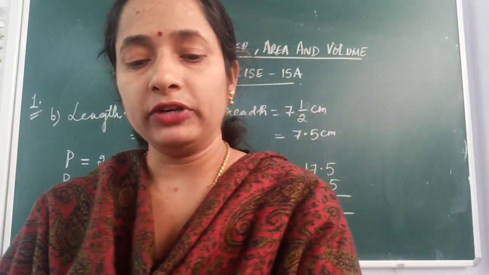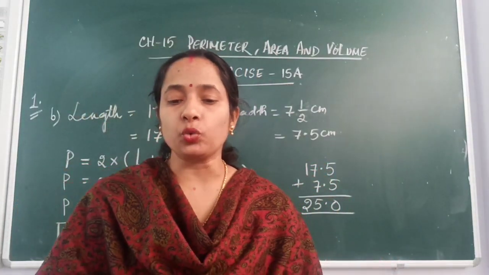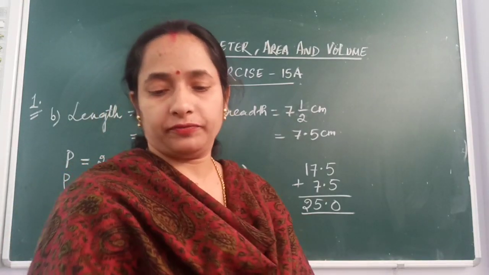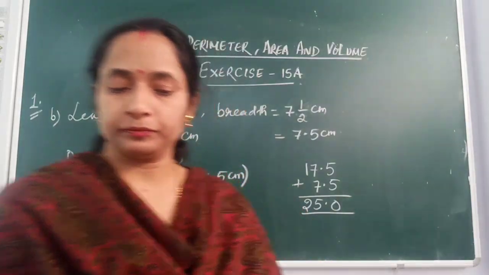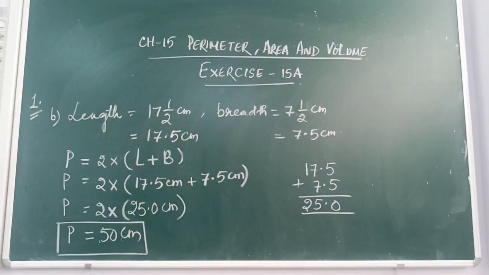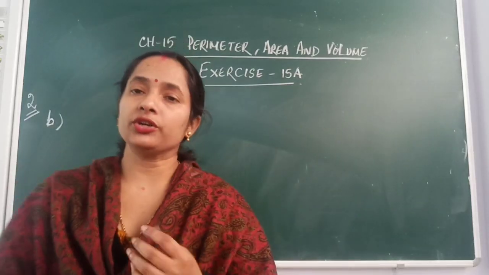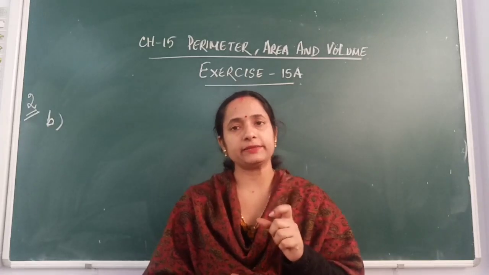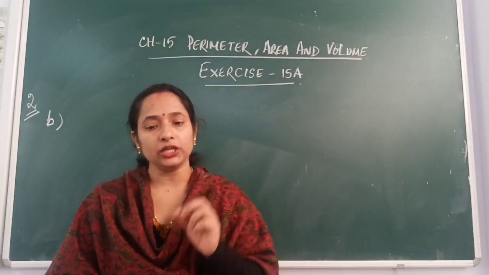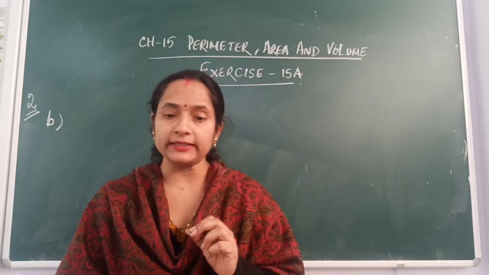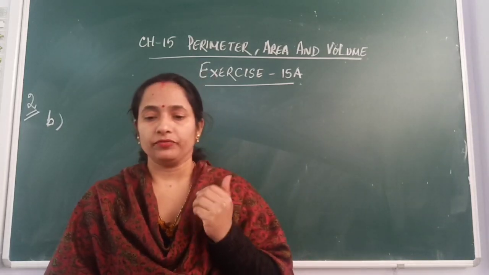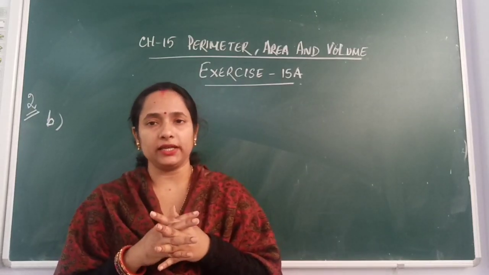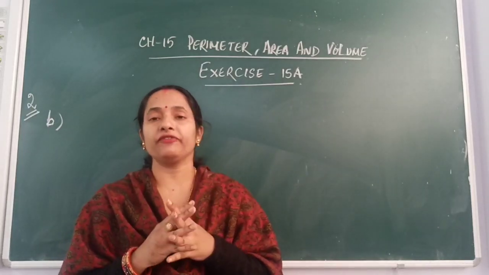Next question we have: find the perimeter of the following squares in centimeters whose sides are given. So here also I am going to do bit B for you. Read the question carefully. So 3 sides are given for 3 different squares.